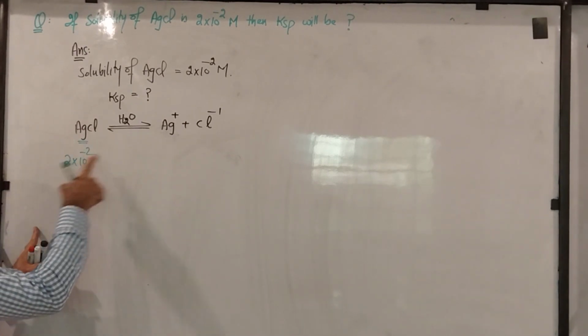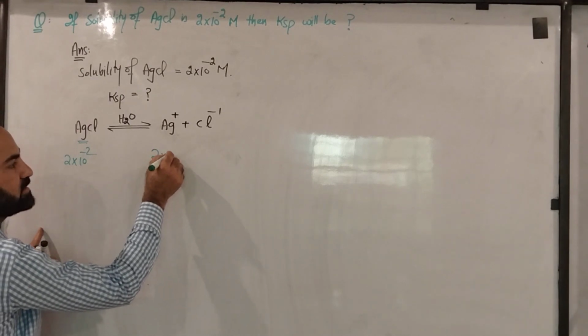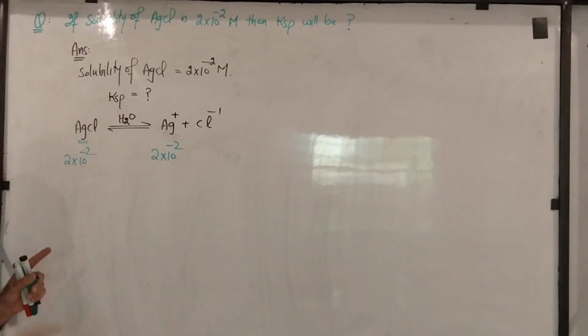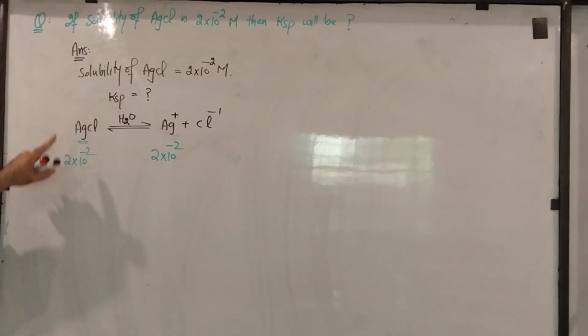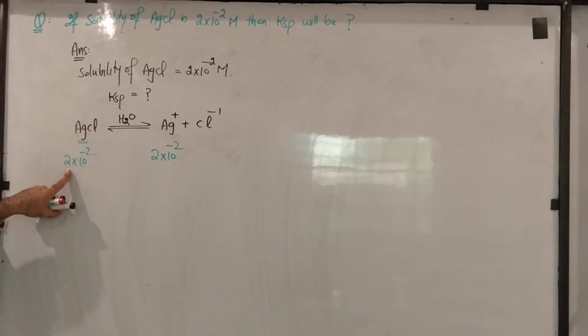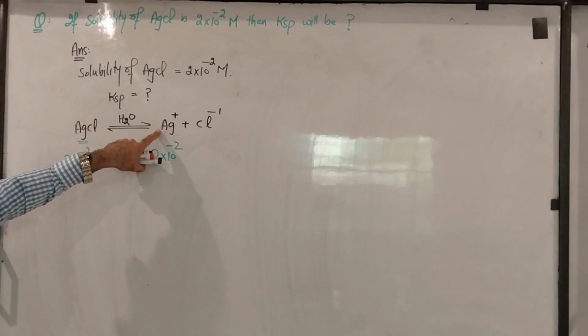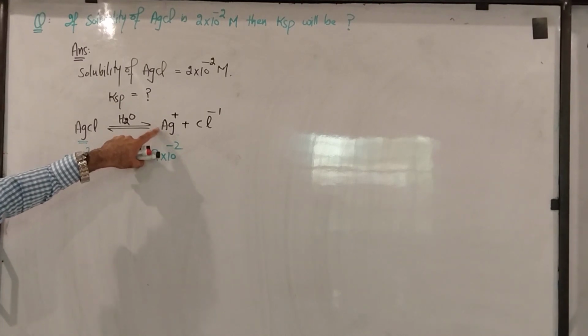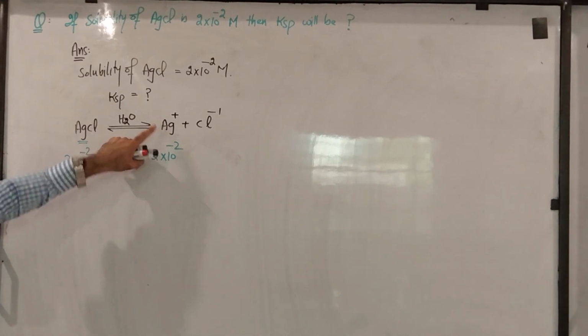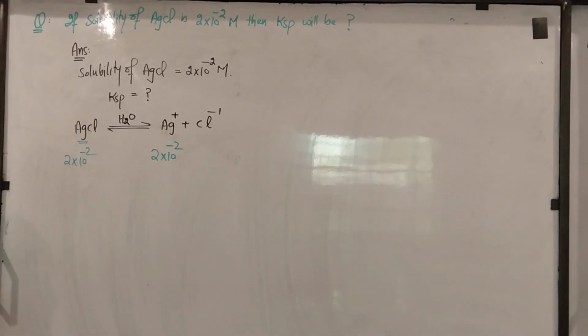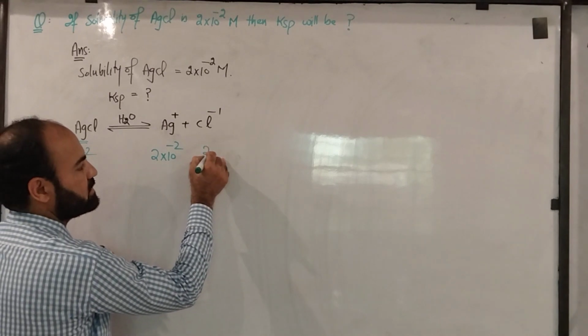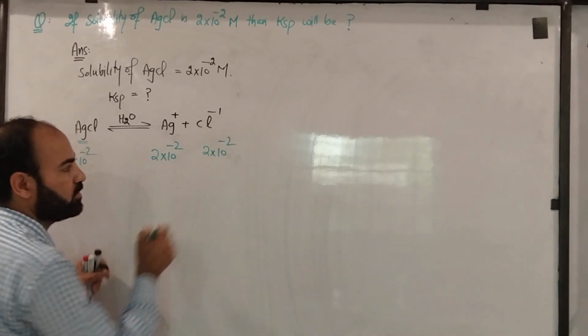So you will also write as it is. अब आप कैसे करोगे? इधर जितने नंबर ऑफ मोल्स है, लाइक ये 1 मोल सिल्वर क्लोराइड की कंसंट्रेशन, तो सिल्वर आयन कितने टाइम्स बनेंगे? ऑलरेडी 1 टाइम बनेंगे, बिकॉज यहाँ पे इसके नंबर ऑफ मोल्स 1 है. So we get 2 10 raised to power minus 2 molar concentration of silver ion, and as that of chloride ion, same 2 10 raised to power minus 2.